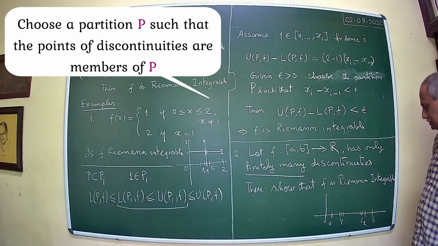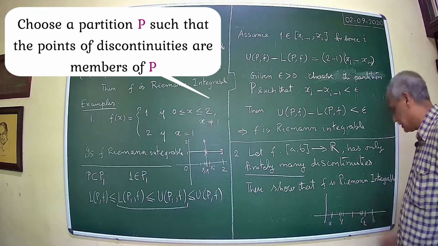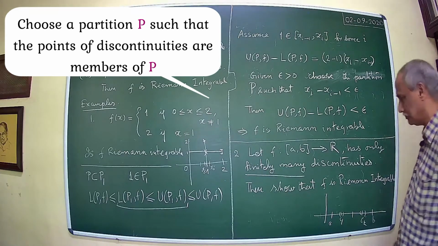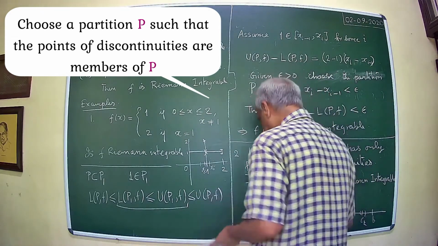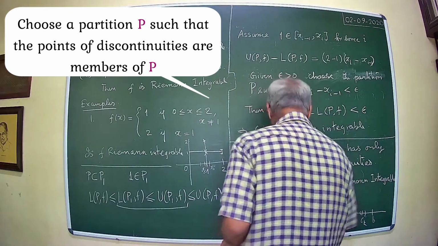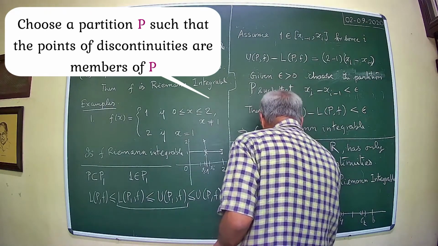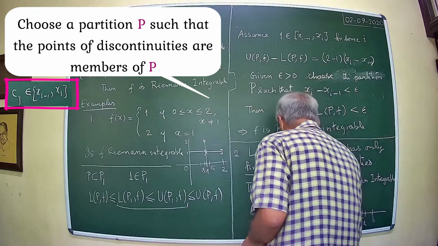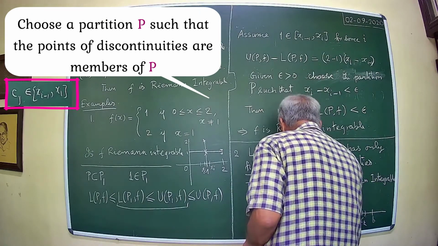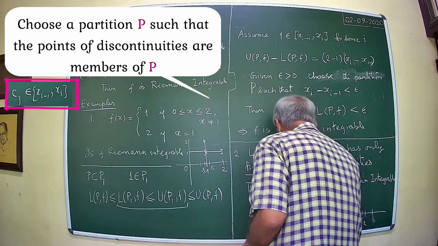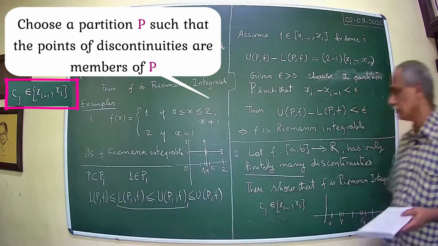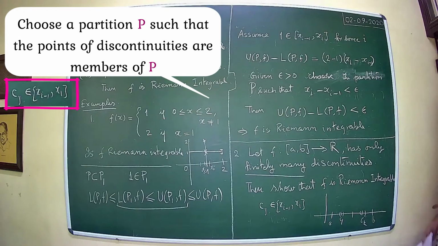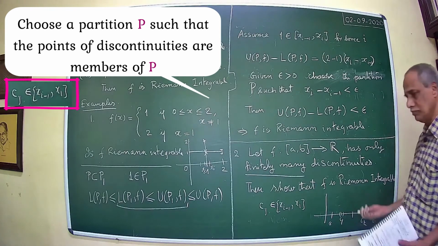So each Cj is contained in some interval.